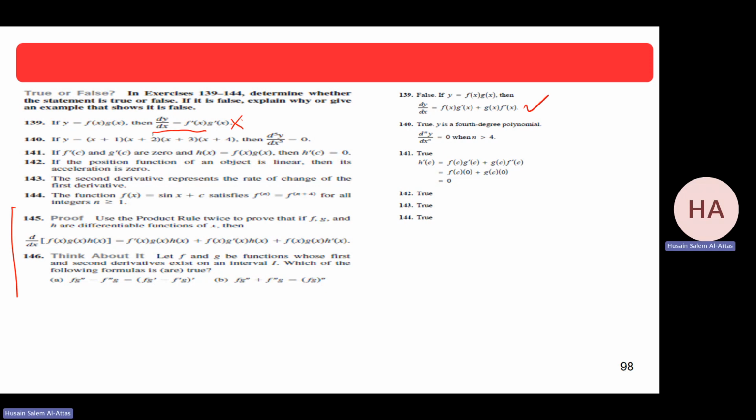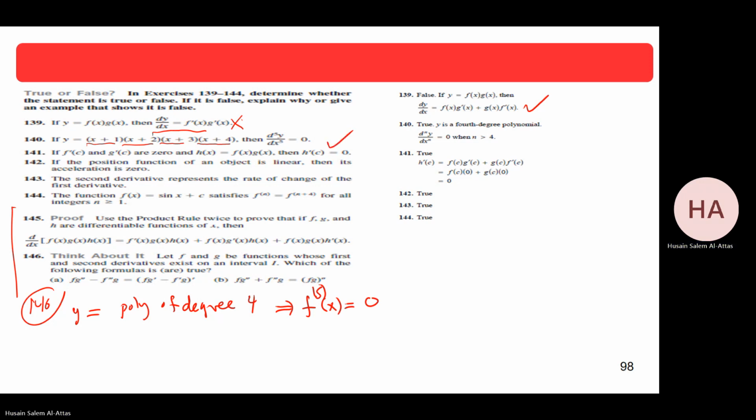If y equals x plus 1 times x plus 2 times x plus 3 and so on, this means y is a polynomial of degree what? Of degree 4. So the fifth derivative of this will be 0. So this is correct.